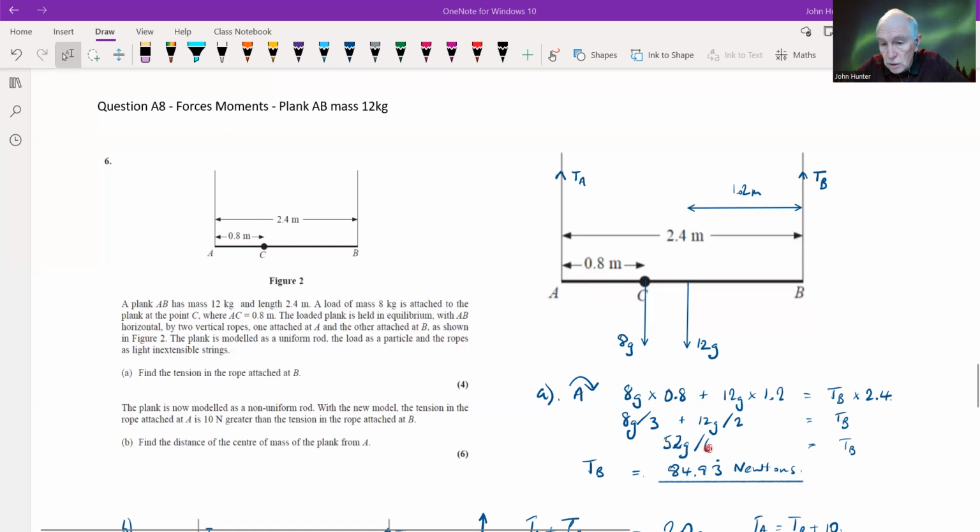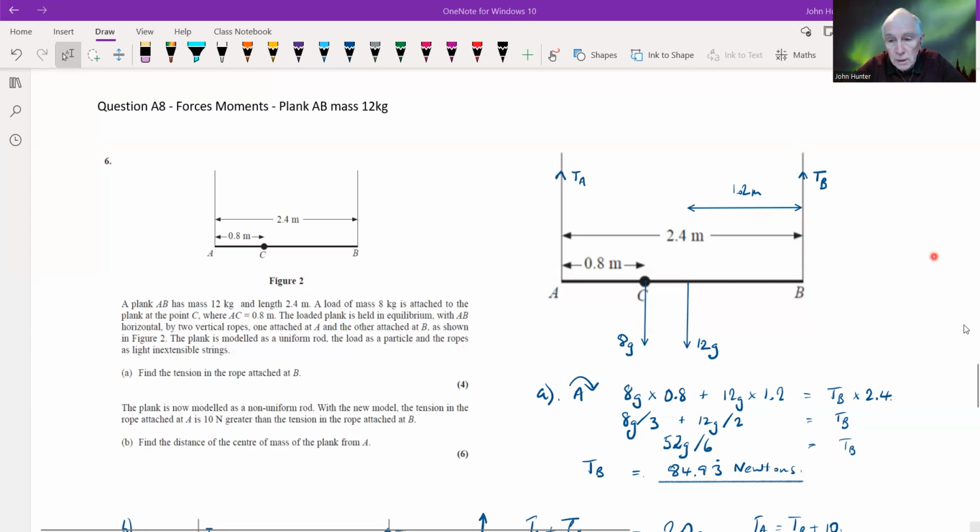It gives us 52g divided by 6 is TB. It's just an equation in TB, and if we're using 9.8 meters per second squared for our value of g, which would be the normal default value to use, then that's going to give us a value of 84.93 recurring newtons as this tension here.